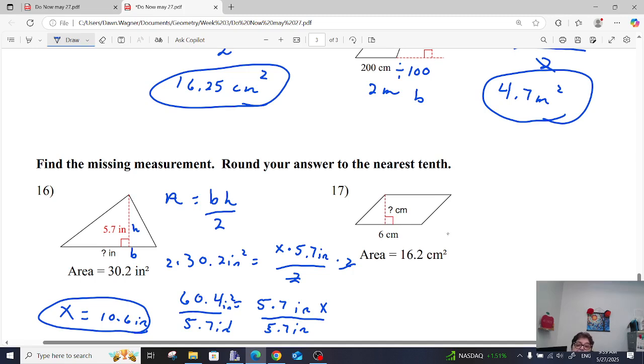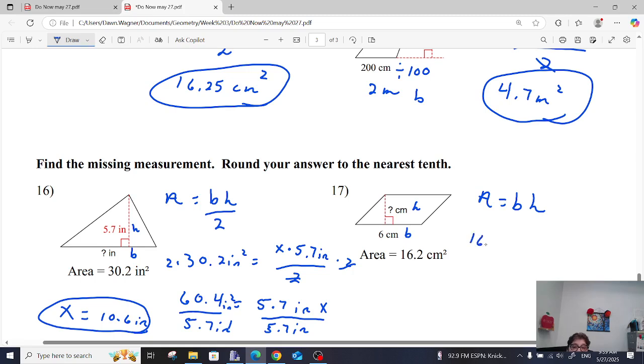Okay, now centimeters. What type of shape is this? That's a parallelogram. So area equals base times height, where this is the height and this is the base.